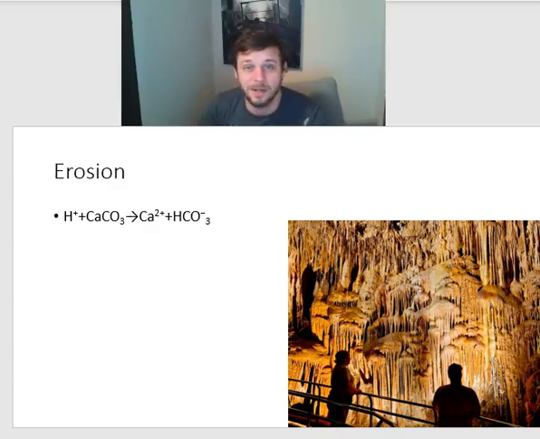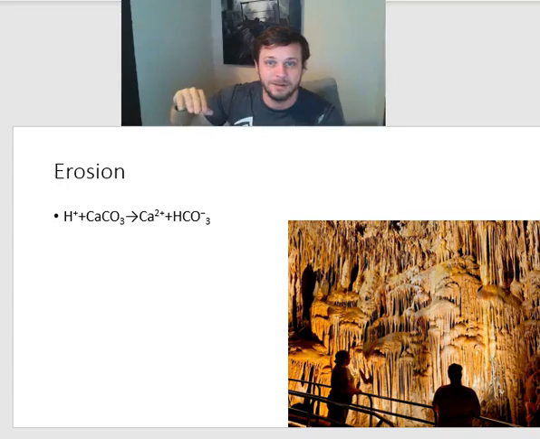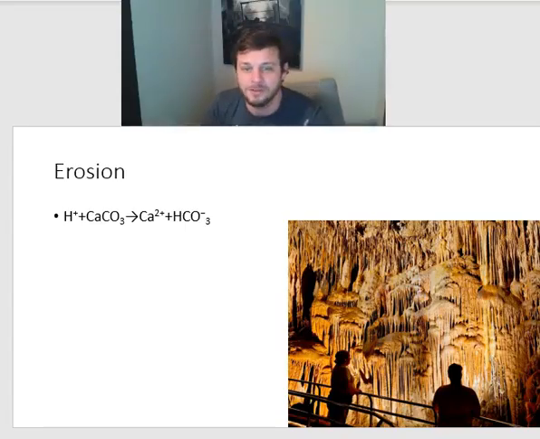Water, again, we talked about it. It's really good at eroding stuff. Those hydrogen ions are really reactive. So if it starts getting kind of acidic, they start to pull minerals from rocks and soils. Specifically limestone, it really likes to pull the calcium out of limestone.